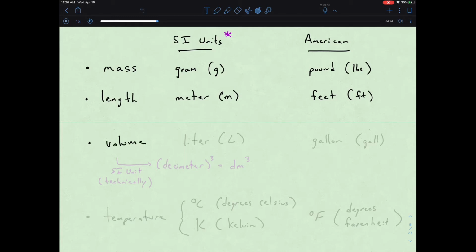We also have volume, and for volume, the actual SI unit is a decimeter cubed. Which is equal to, we're not there yet in terms of this lecture, but that's technically what the SI unit for volume is.